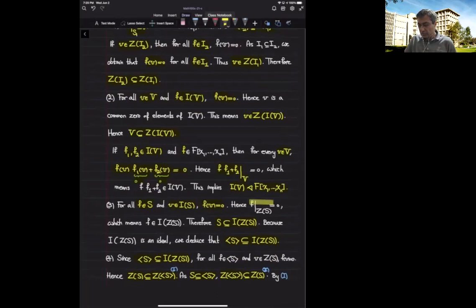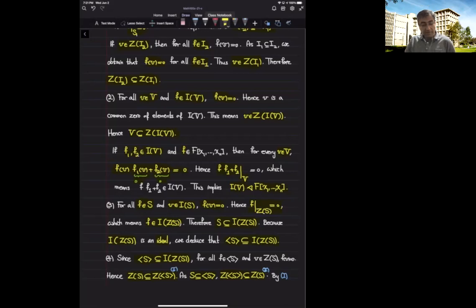That means when I restrict f to the common zeros of S, I get 0 for every f inside S. That means f belongs to those polynomials that vanish when restricted to the set Z of S. That is true for every element of the set S. So S is a subset of this I of Z of S. Because I of Z of S is an ideal, which we proved in the previous item, and S is a subset of it, we deduce that the ideal generated by S is a subset of this. So that gives us part 3.